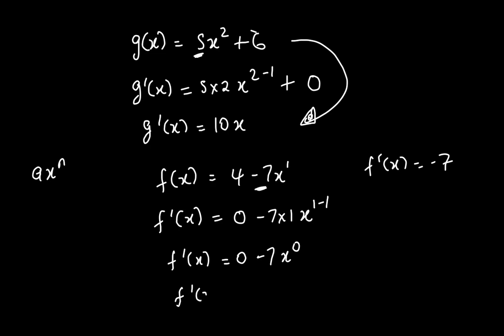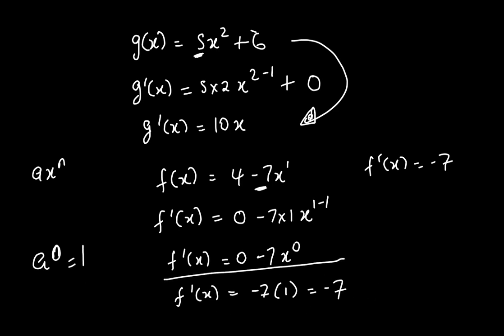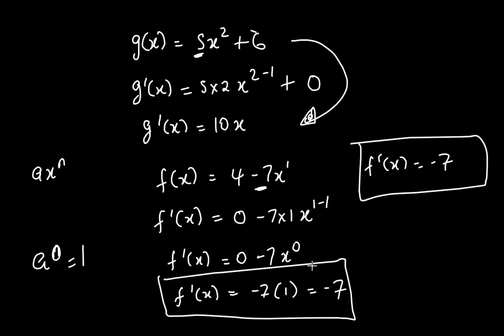All right, so 0 is just nothing there. And then -7 times x to the power of 0, which is 1. So we just have -7 times 1, which is -7, because any number to the power of 0 would be 1. So this is the derivative there, and as you can see, it's the same as what we got there.